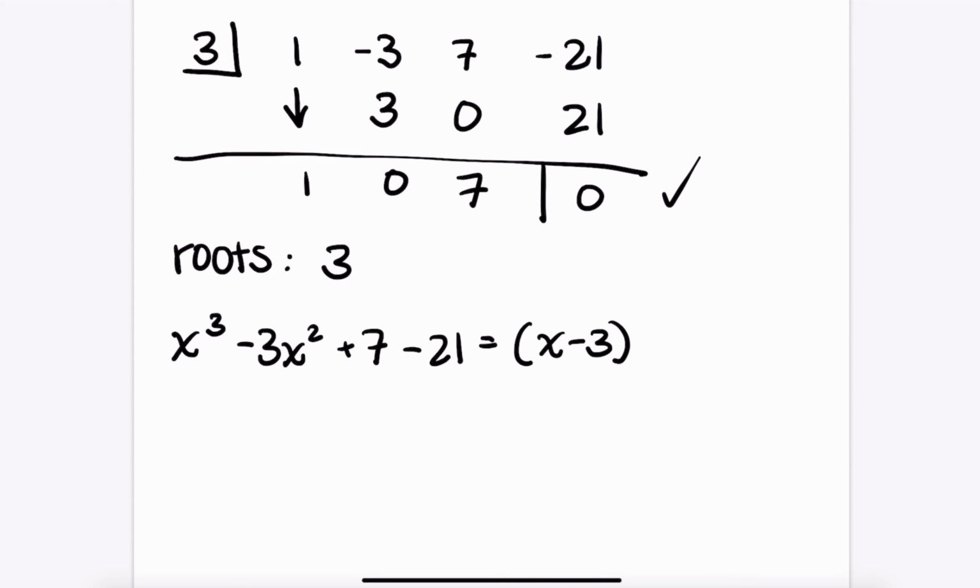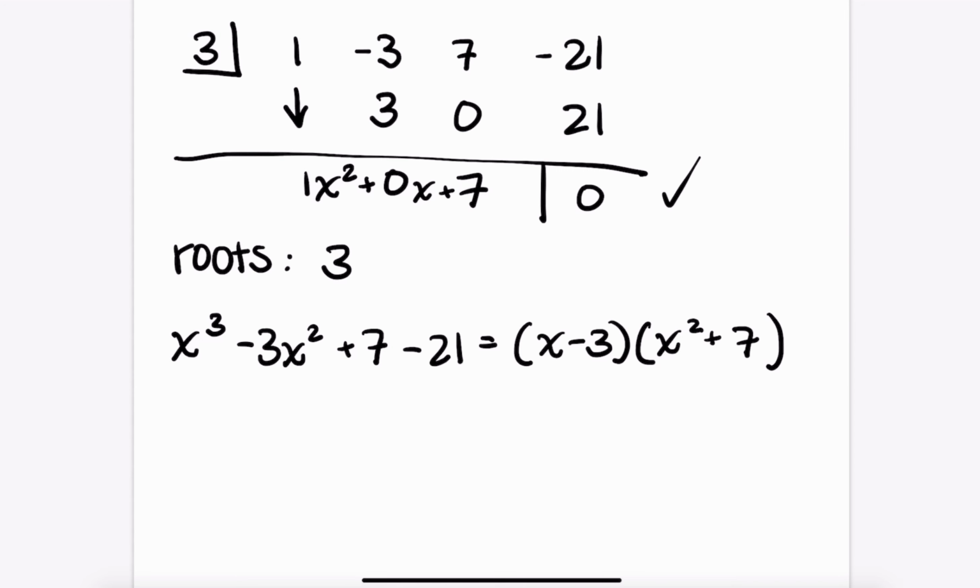We divided by x minus 3, and our quotient is these numbers down here, the 1, 0, and 7. Remember, this means 1x squared plus 0x plus 7. So we essentially pulled out an x minus 3, and we're left with x squared plus 7.